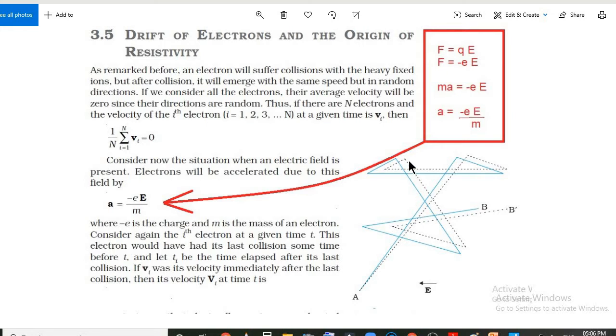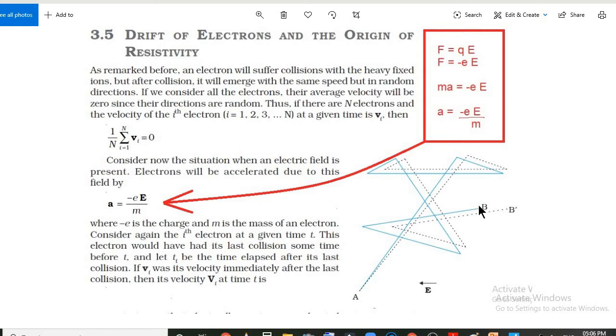Here you can see a blue line. This represents the motion of one electron in the absence of an electric field, that means if it is not connected with a battery. But if you are connecting it with a battery, it will apply a potential difference. As a result, there will be an electric field. The same thing is happening in the case of the electron, that is sure, but it can advance much more forward.